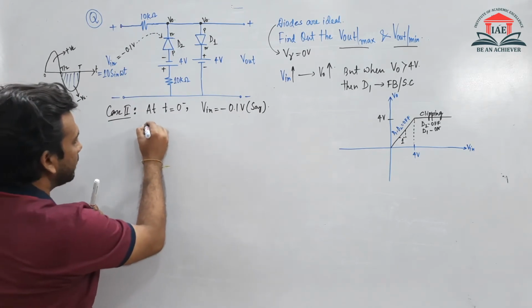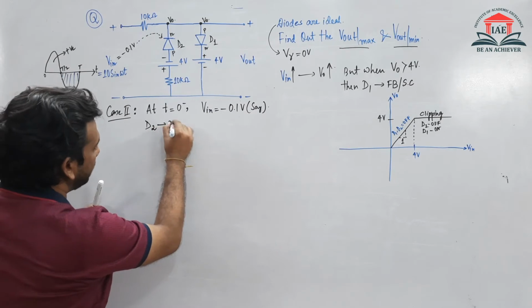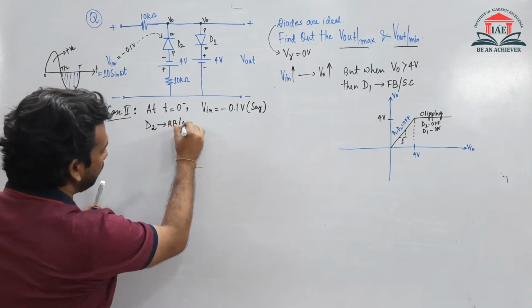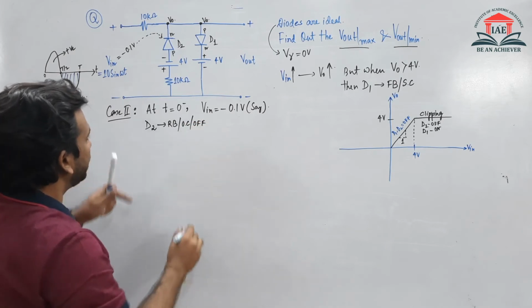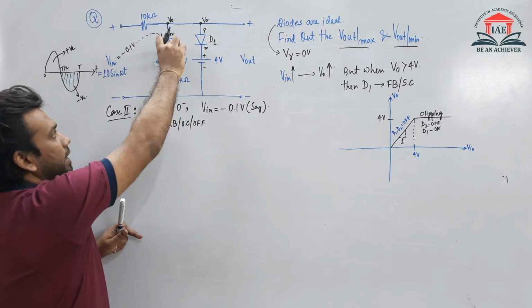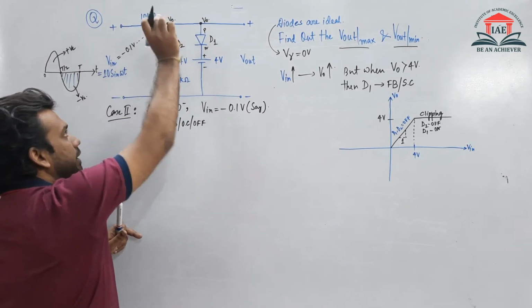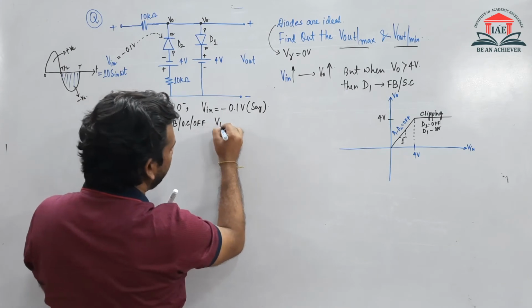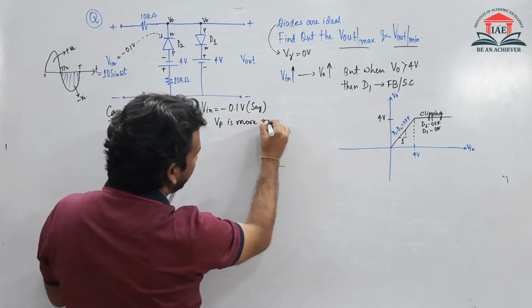We can say that the D2 diode will be reverse biased, open circuit, or off because the voltage at the P side is more negative than the voltage at the N side.